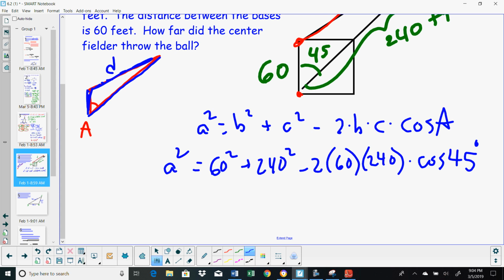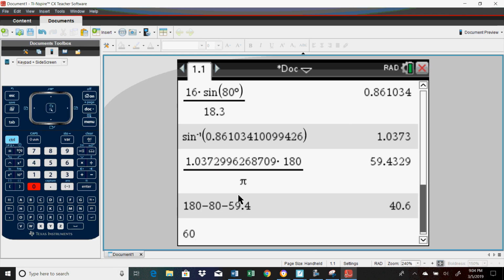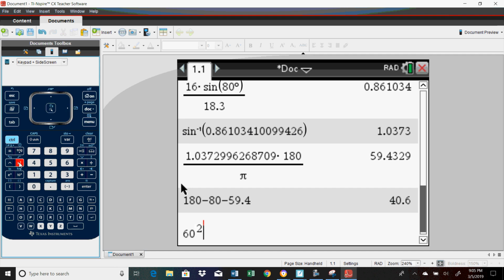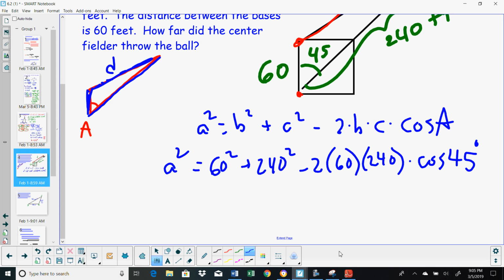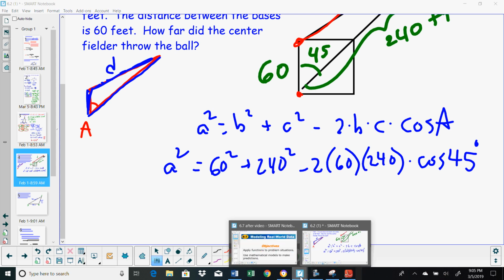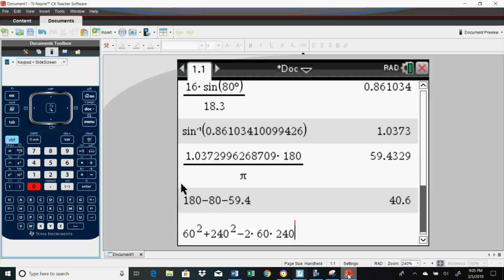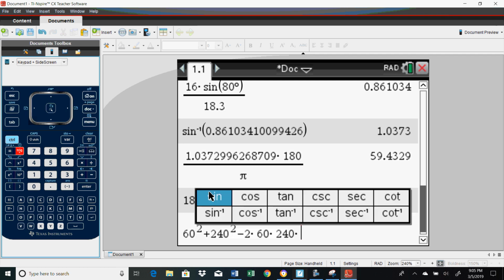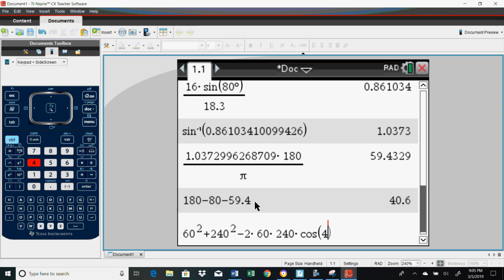So let's grab that calculator. We're doing 60 squared plus 240 squared minus 2 times 60 times 240, and then times cosine of 45.